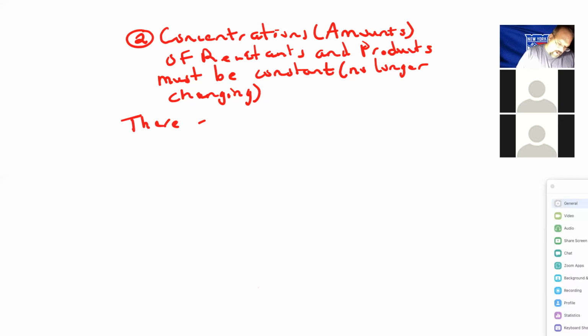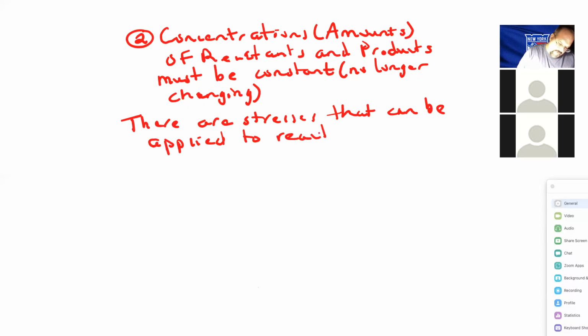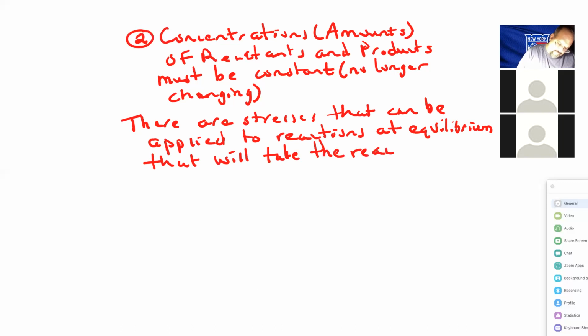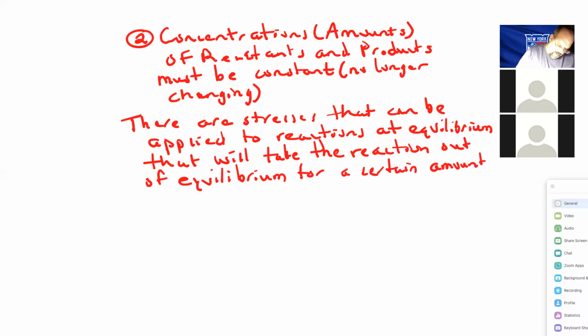There are stresses that can be applied to reactions at equilibrium that will take the reaction out of equilibrium for a certain amount of time.